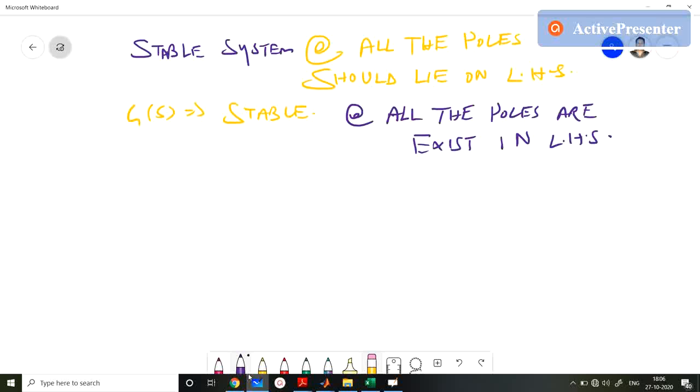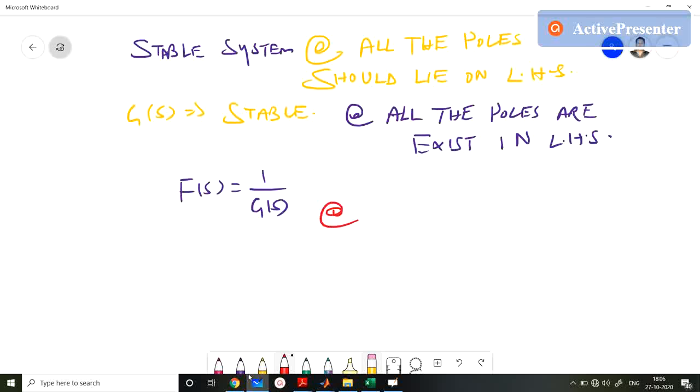It means that if we consider F(s) equal to 1 divided by G(s), then it is not necessary that all the poles exist only in the left half. Maybe some poles may go to the right half also.